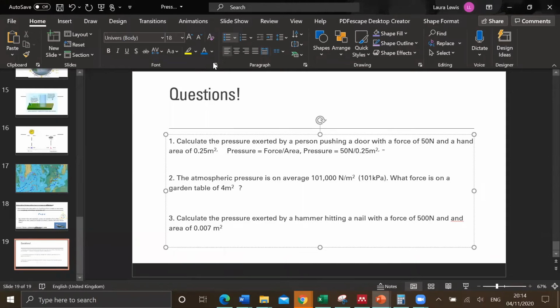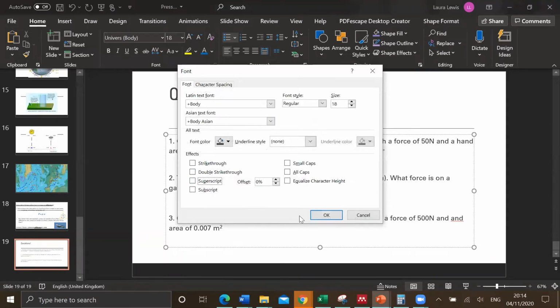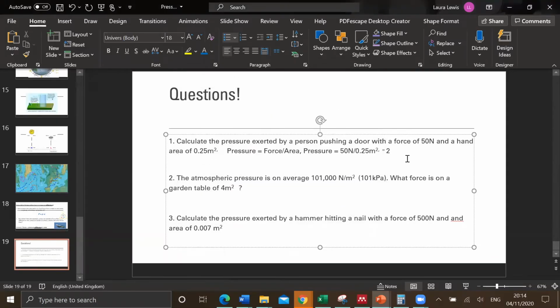You probably think it's newtons per meter squared, which would not be wrong, but it's a special unit called a Pascal. So it's 200 Pa.